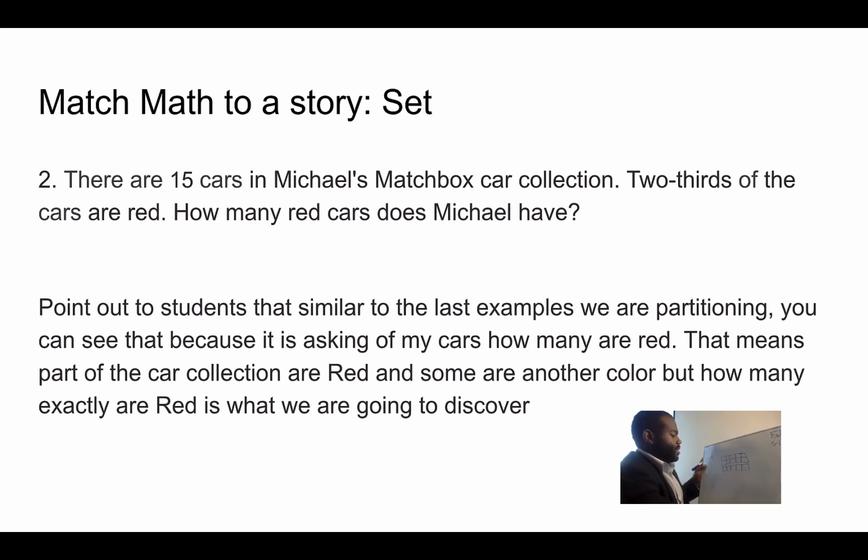So the first thing we do is we have our whole and we have our picture match our math sentence. And we know that we're trying to find a fractional portion of the 15. So the math sentence should look like this. 3 into 15, and that would give us 5.